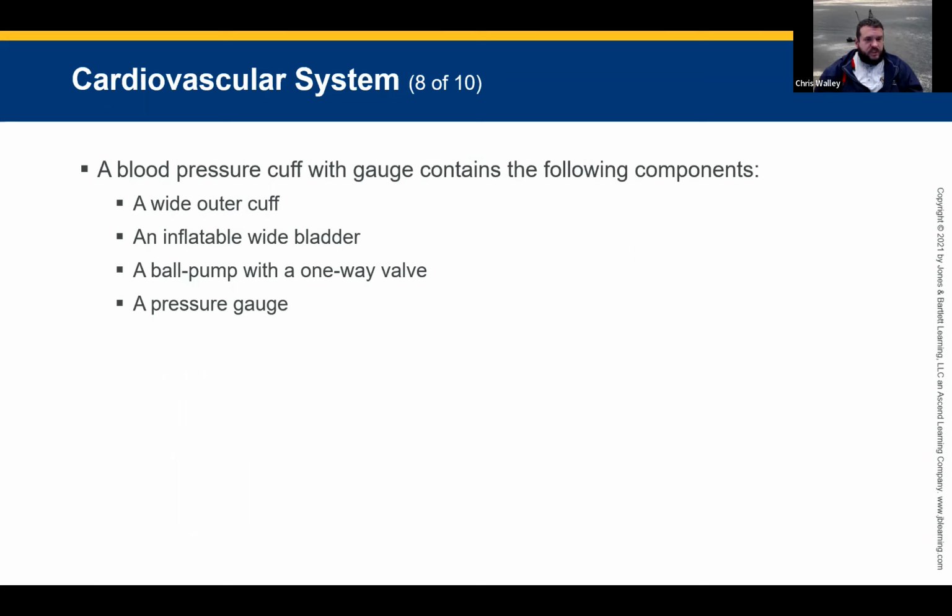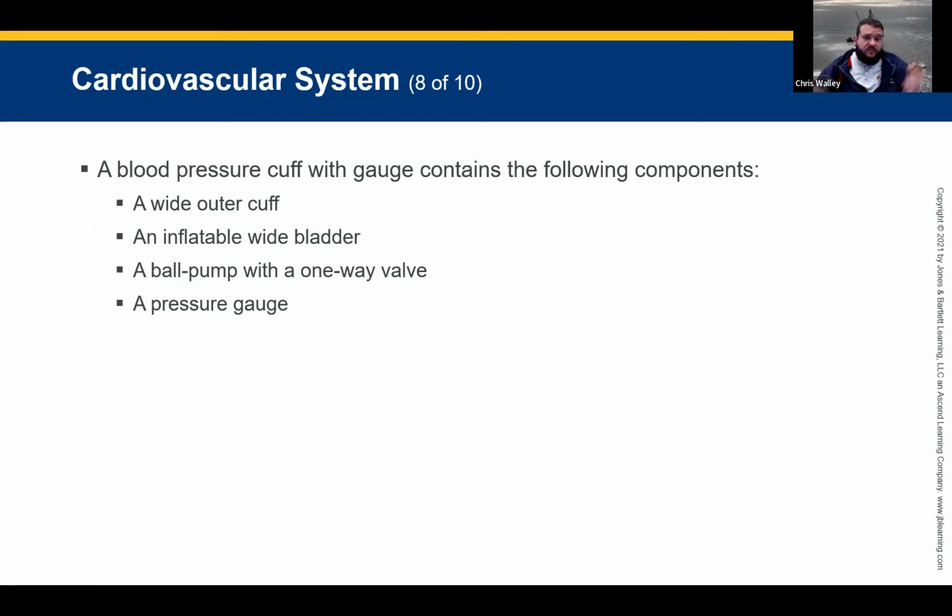There's the proper spelling of it. So a blood pressure cuff contains a wide outer cuff, an inflatable wide bladder, a ball pump with one-way valve, and a pressure gauge, because I've got to know how high I'm pumping this bladder up.